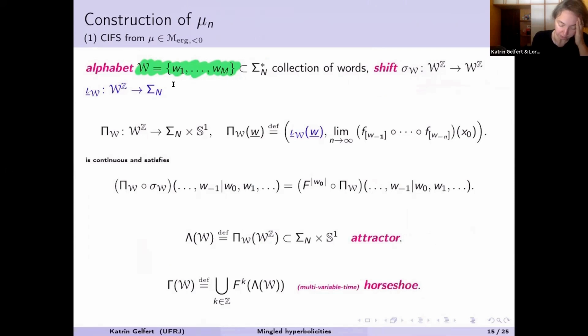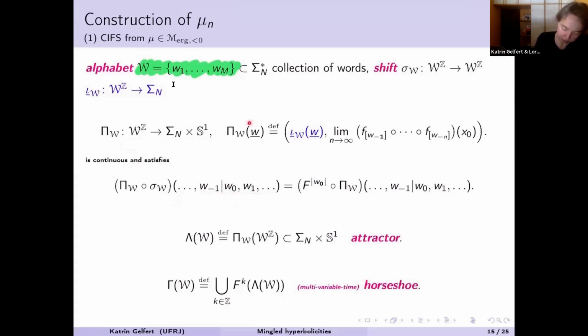And to each bi-infinite word, in the usual construction of an attractor associated to a contracting iterated function system, there exists a unique point associated to a one-sided infinite word. So this defines a map from the word space to your phase space, associating to each bi-infinite word a point.